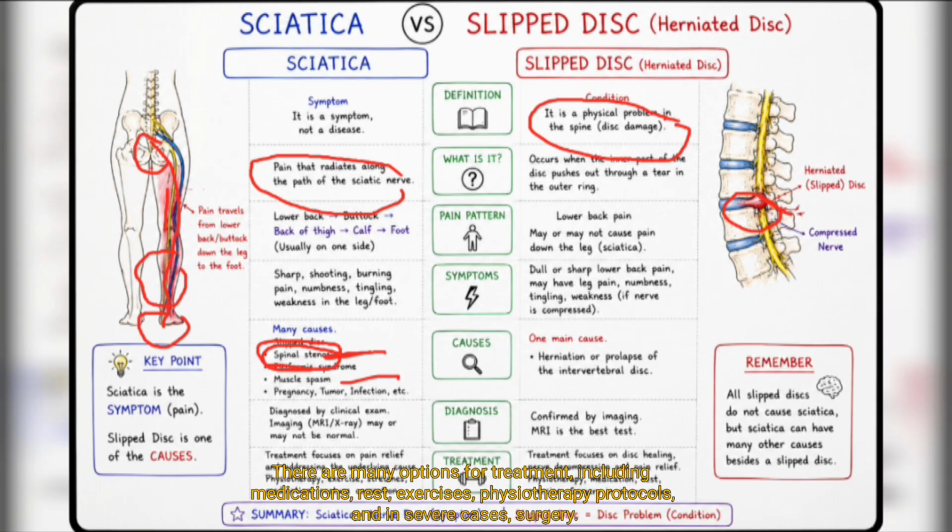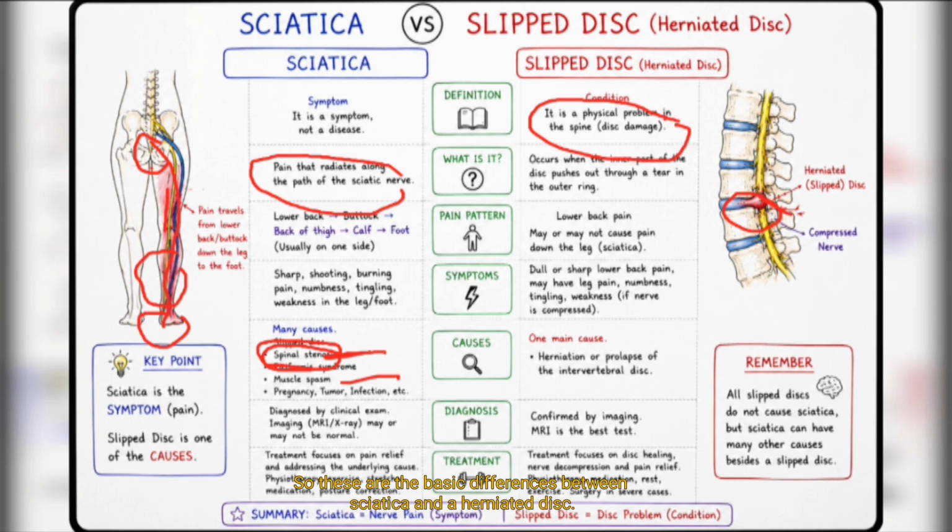There are a lot of medications, rest, exercises and physiotherapy protocols, and one option is also surgery in severe cases. So these are the basic differences between sciatica and a slip disc. Sciatica is a symptom, but a slip disc is physical damage of a disc in the spine.